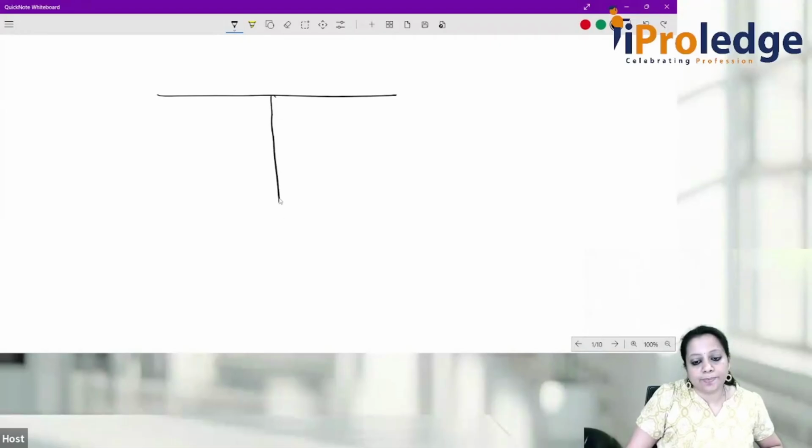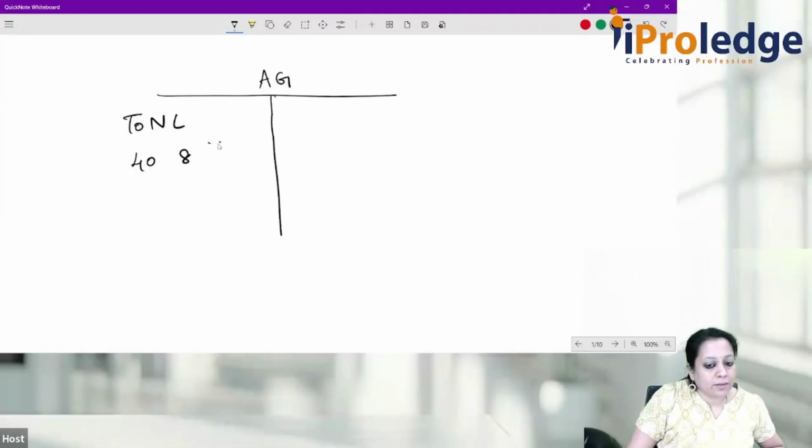Abnormal gain. So in abnormal gain, we would have debited normal loss. Only one we had. 320.